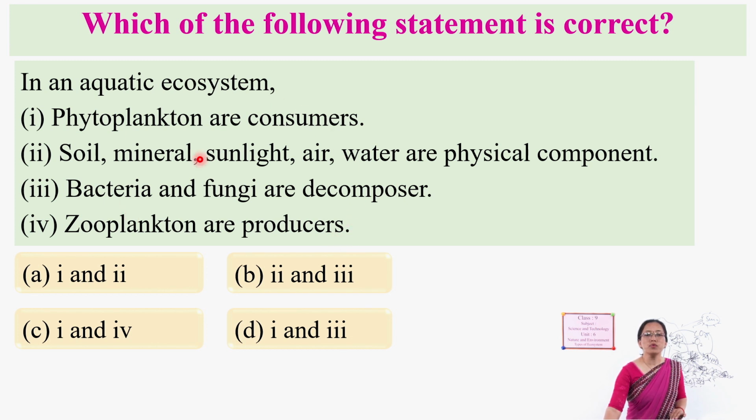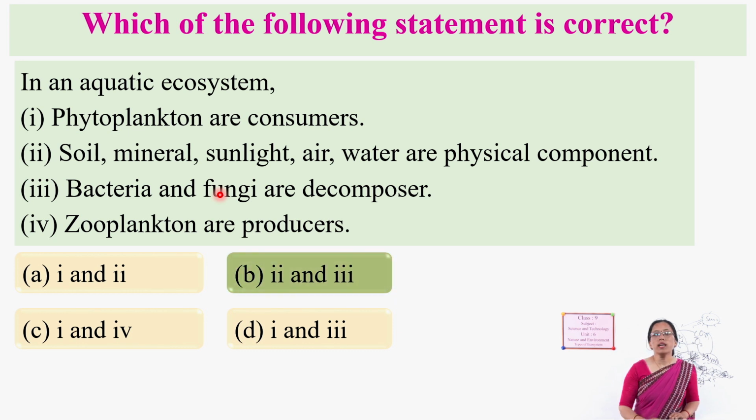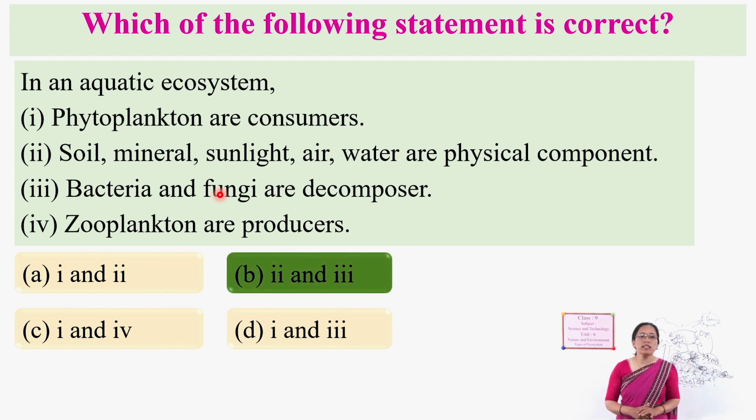Out of these four statements, which are the correct statements? Okay, which one? Yes, 2 and 3, that is soil, water, minerals, air, etc. are physical components. Bacteria and fungi are the decomposers. These two are the correct statements and the remaining two are incorrect.